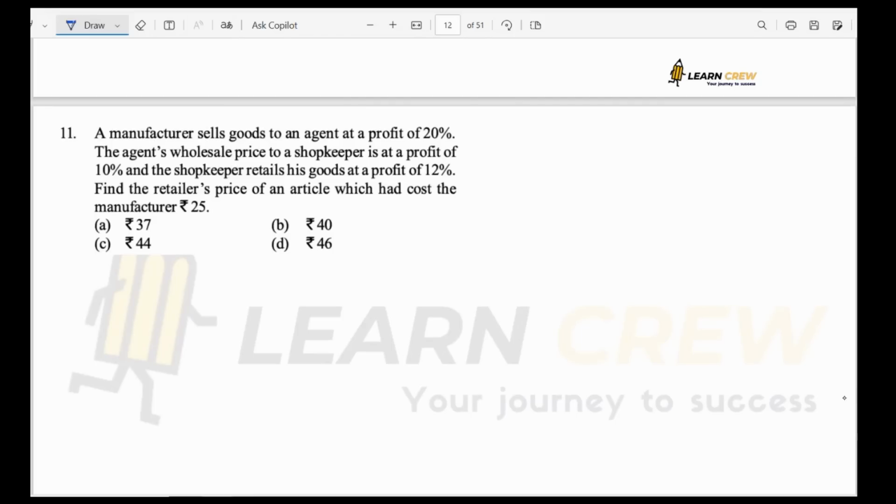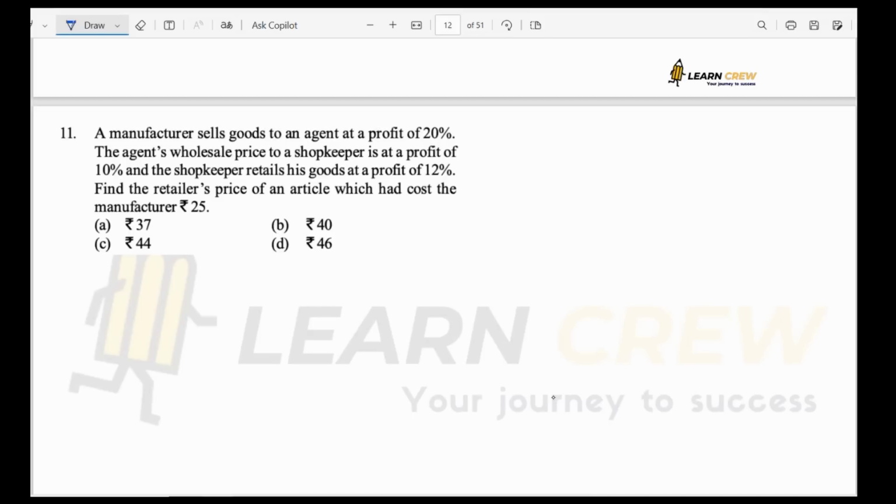The agent sells wholesale to a shopkeeper at a profit of 10%, and the shopkeeper retails his goods at a profit of 12%. Find the retailer's price of an article which had cost the manufacturer 25 rupees. So what is the answer?